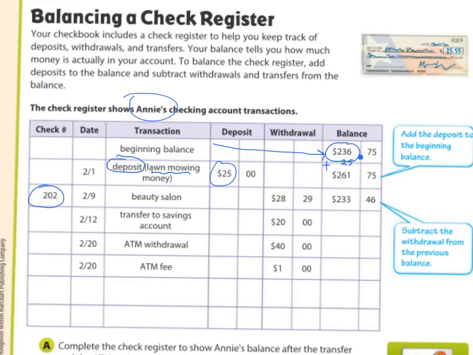So she wrote a check number 202 for $28.29. She must have just gotten a little trim or something. That's not very much. And then she had to add or subtract. She subtracts. It's a withdrawal. It's what she paid. So she did minus $28.29. And then she ended up with $233.46.